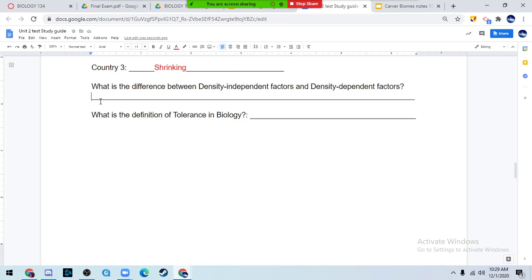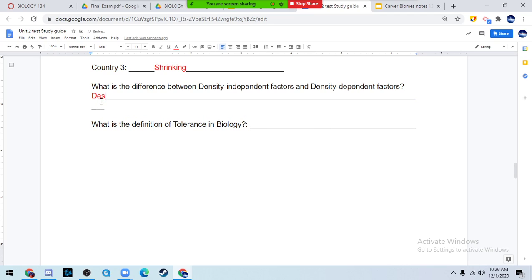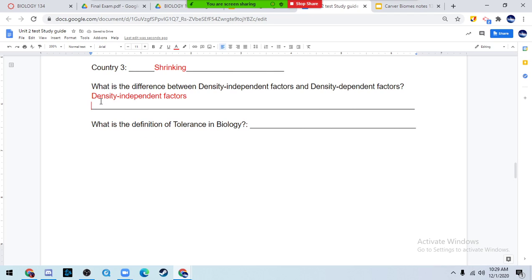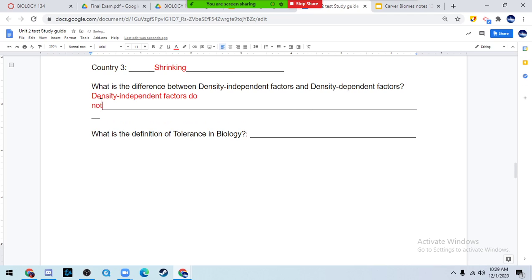So first one I'm going to start talking about is density independent. Density independent factors do not rely on population size.